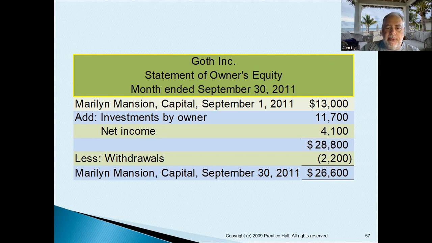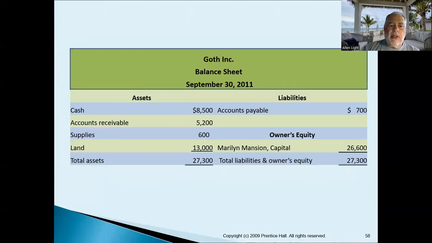Now, this number is important because we need this accurate for the balance sheet. So here's our balance sheet. Now, on one side, we've got assets, cash, 8,500, and these are taken right from the actual accounts. Accounts receivable, 5,200. Supplies are now 600. Land, 13,000. Total assets, 27,300.